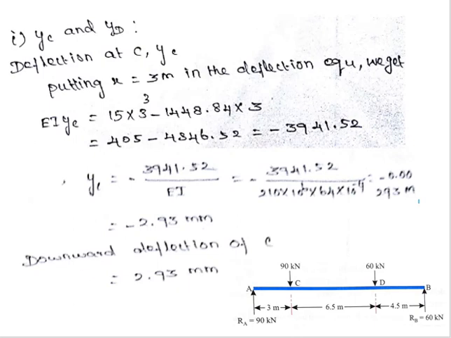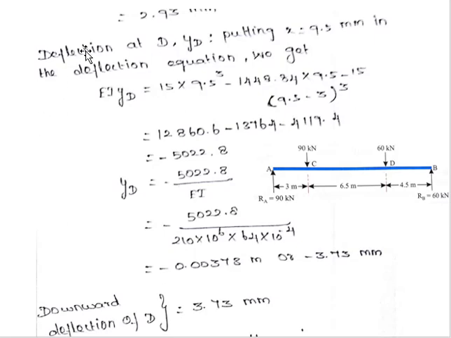Similarly, you have to find out yD, the deflection at D. So what is the total distance to the point D from the left end? See here, 6.5 plus 3, total distance is 9.5. So put x equal to 9.5 meter in the same final deflection equation.